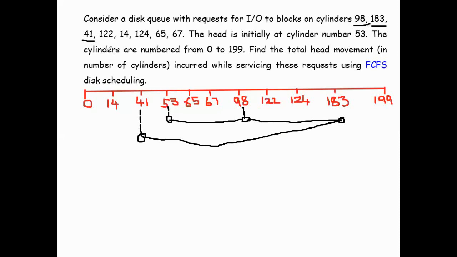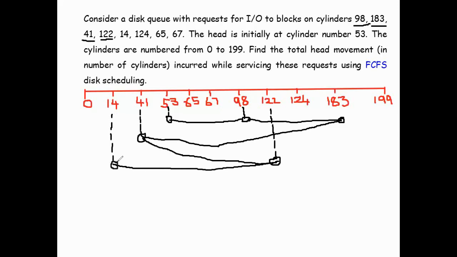The next request that must be served is for cylinder number 122. Now the direction is reversed and from 41 the head moves to 122. The request has arrived for 14, so the head moves to cylinder number 14. Then the request for 124 will be served.